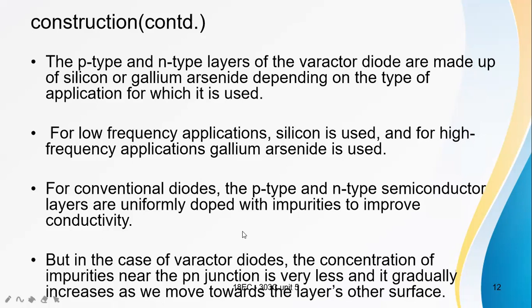See how the doping levels are for a general conventional p-n junction diode: the complete layer is uniformly doped with impurities, whereas in this varactor diode, the concentration of impurities near the p-n junction is very less, and gradually this concentration of impurities increases as we move towards the layers of other surfaces.